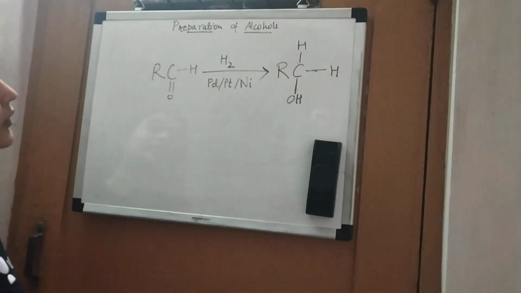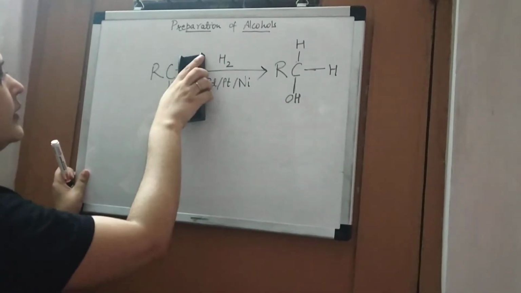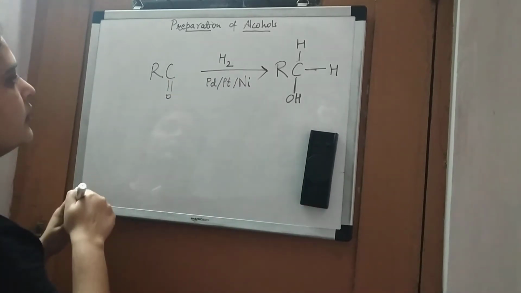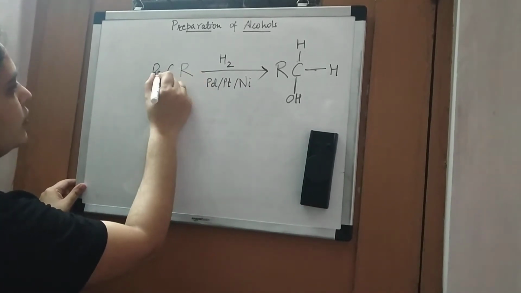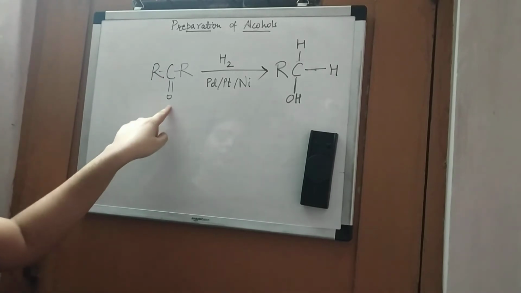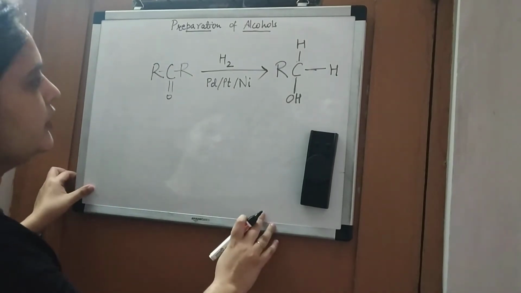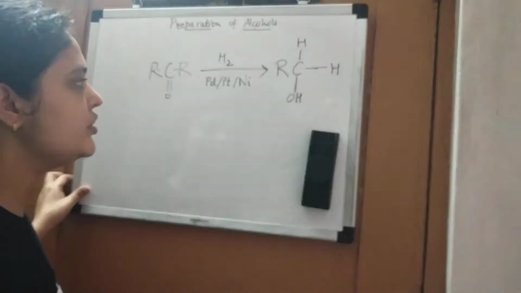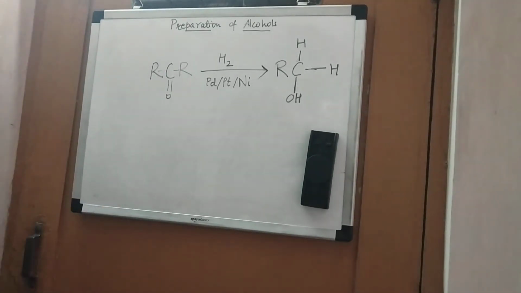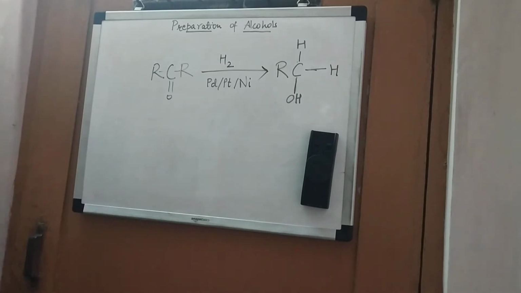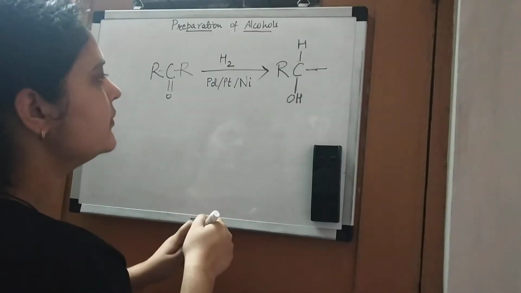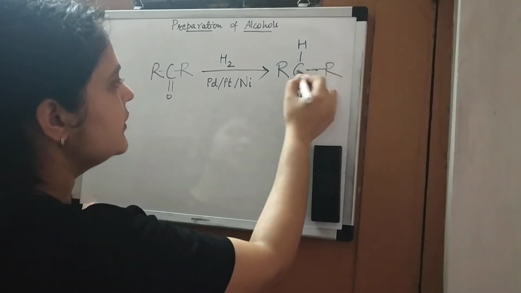Now if you take a ketone, what will happen? Here it will be an R group, here an R group, RC double bond O R. So this is a ketone and you are doing the catalytic hydrogenation. Here we will get this alcohol.